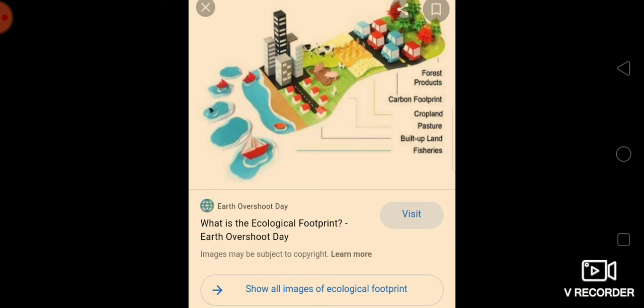Understood? Then Earth's total biocapacity was 12 billion global hectares. GHA means global hectare, or 1.7 global hectares per capita. Understood? The total capacity of the land or the earth they are saying here.